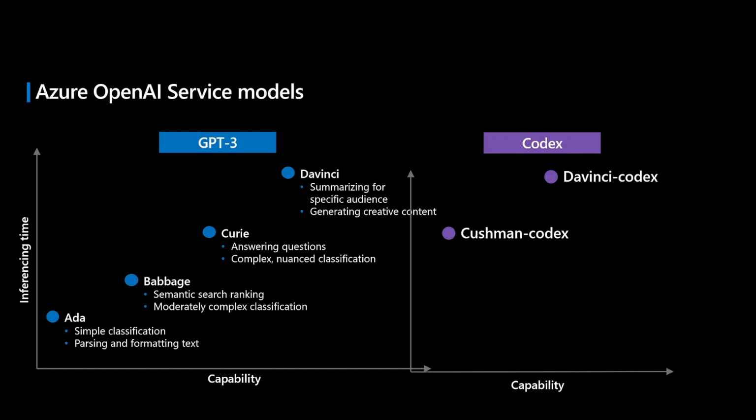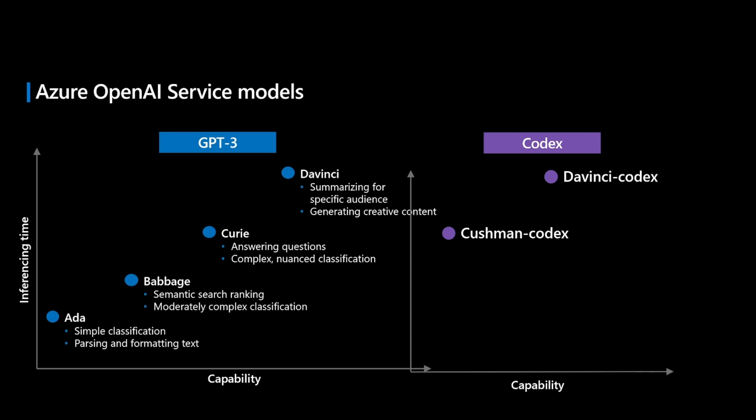And any of the tasks performed by Ada, Babbage, or Curie can also be performed by DaVinci, and oftentimes it can provide more complex answers and reason cause and effect and perform more complex types of classification and summarization for target audience.